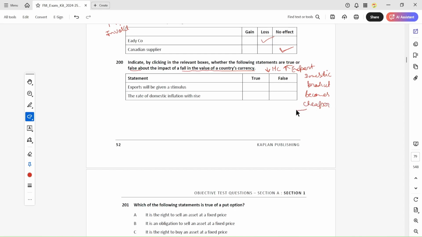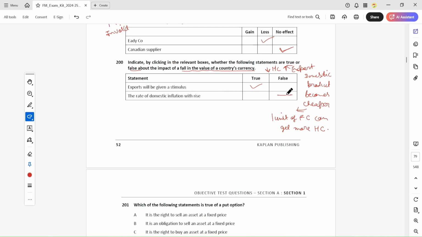Why do they become cheaper? Because one unit of foreign currency can get more home currency, right? So export will increase.